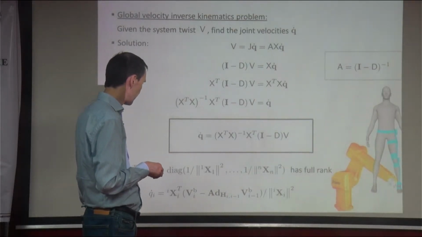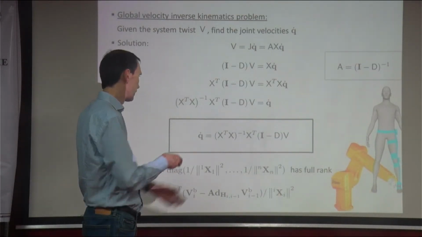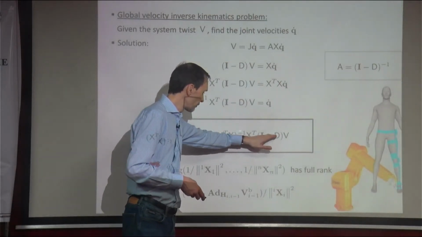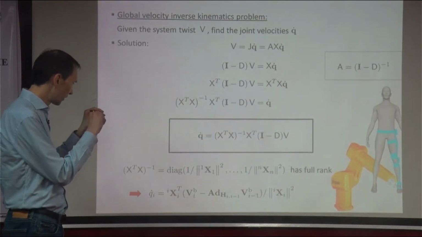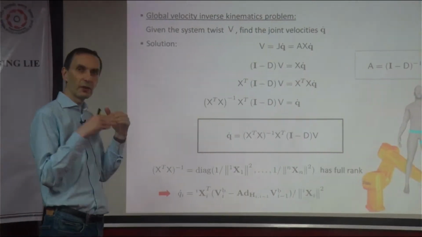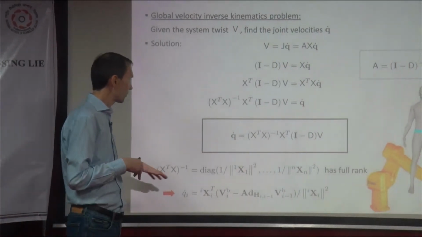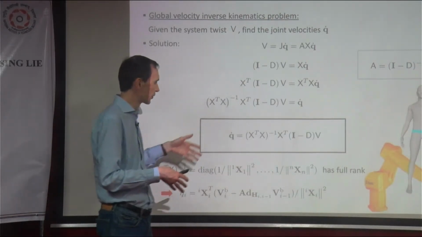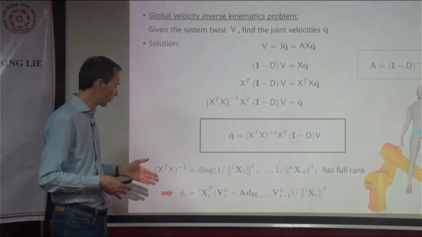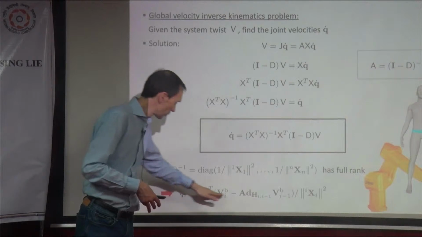In the end, if you multiply this out with this particular form of D, then you get a closed form for the component. Of course you can compute it numerically, but you have big matrices, so it's nice to have a closed form for each of the components. And this is the one that you get.